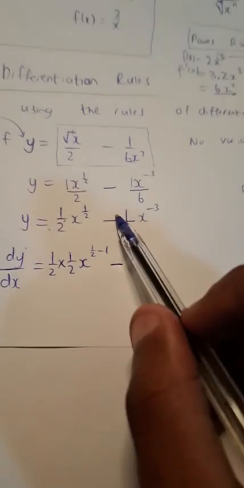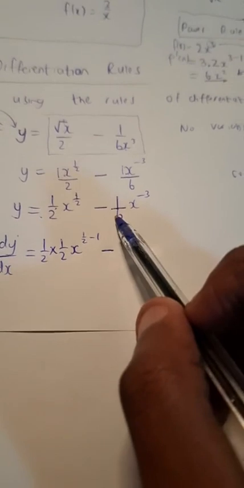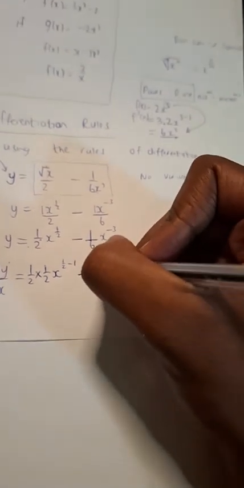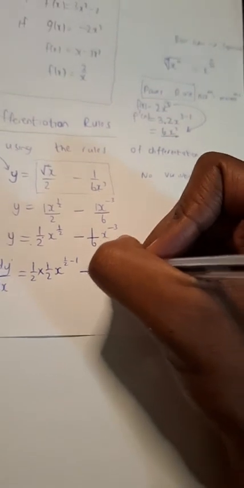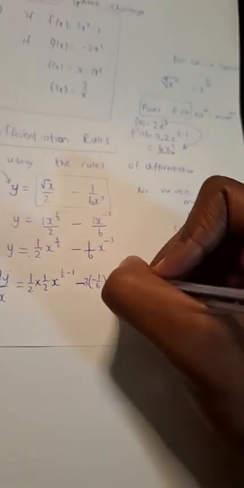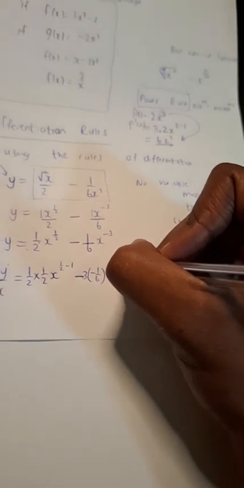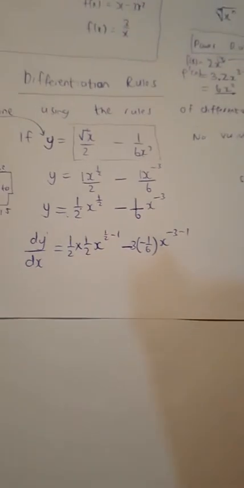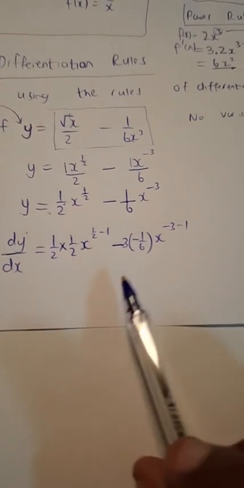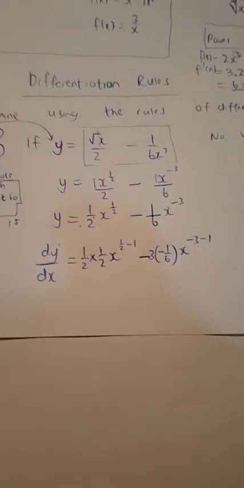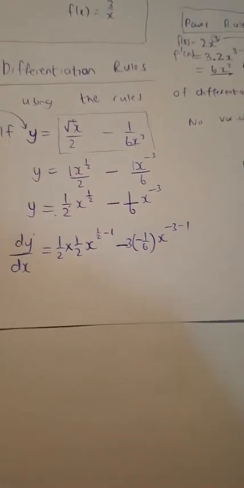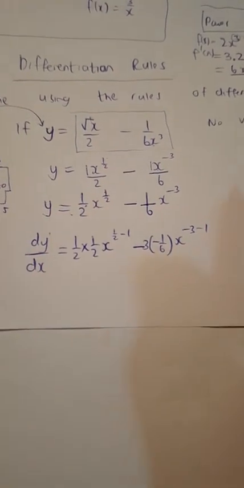We have a negative already for the minus 1 over 6, but the negative 3 comes down. So we have negative 3 times negative 1 over 6 x to the power negative 3 minus 1. This is the application of deriving using the power rule.